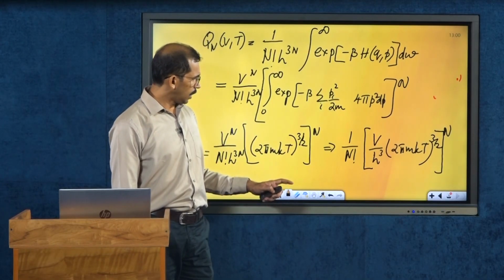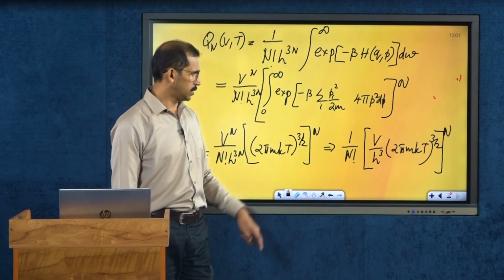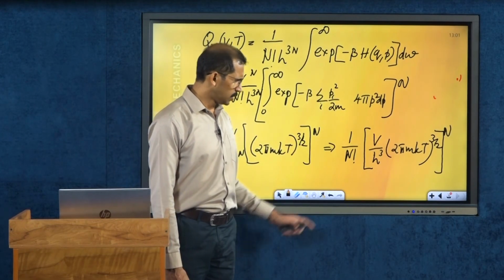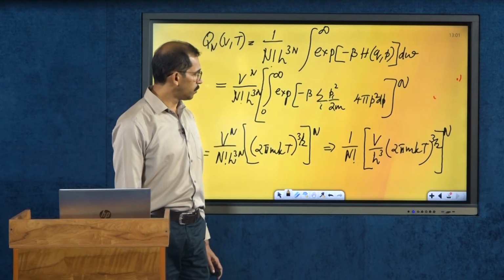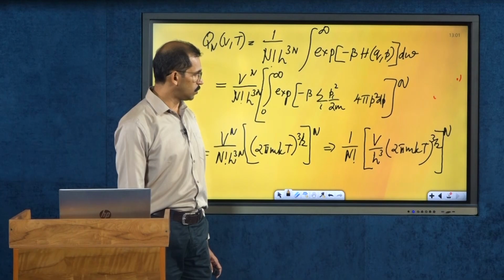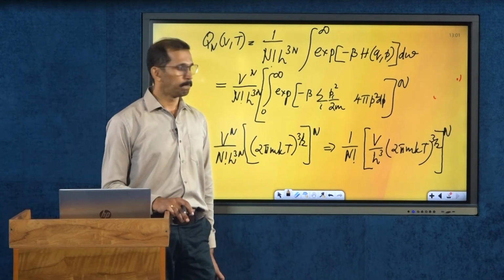So either I can close it here, or I can tell more information, because the moment I see this 2 pi m kT over there, I am reminded of something else, which I call the de Broglie wavelength.